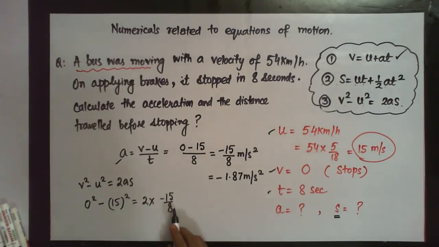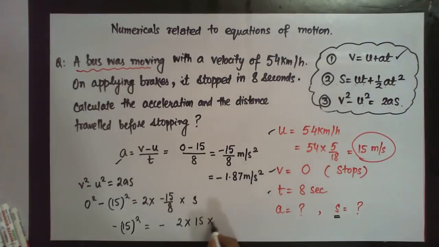Here I am going to use the fractional part because it is going to make the calculations easier. So 2 into a into S gives me minus 15 square is equal to minus 2 into 15 into S by 8.